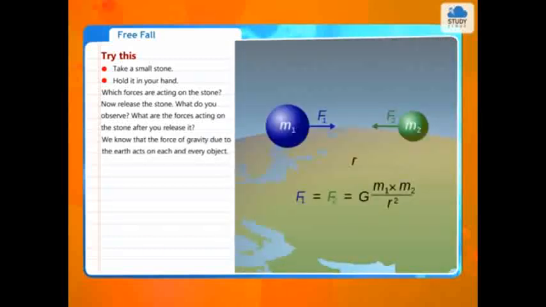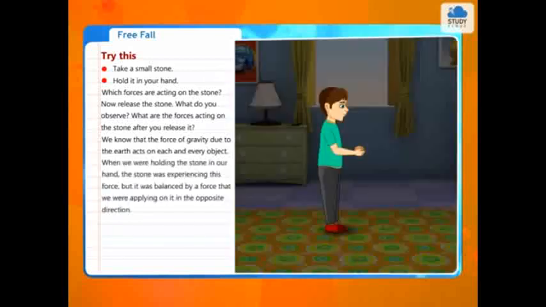We know that the force of gravity due to the earth acts on each and every object. When we are holding the stone in our hand, the stone was experiencing this force, but it was balanced by a force that we are applying on it in the opposite direction. As a result, the stone remained at rest.